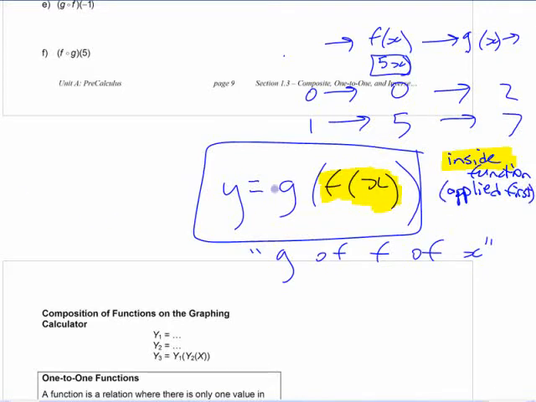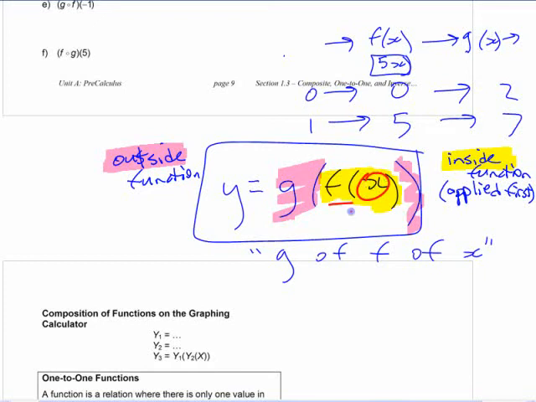And then you could think of this as the outside function. So you think of there's an x value, you first apply this function, then you apply that function.